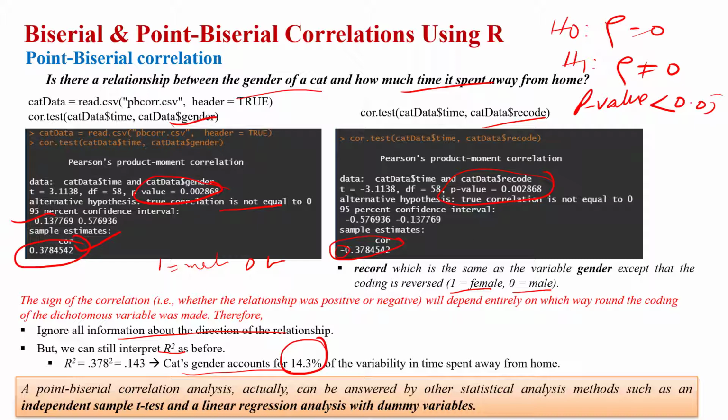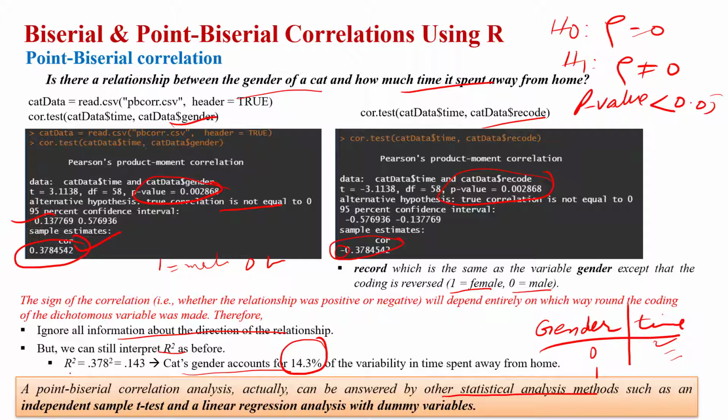As we have seen, one of the variables is gender, in which we want to check whether this variable has a relationship with the time spent away from the home. This is a categorical variable, whereas this is a continuous variable. In such a situation we can also apply some other statistical techniques to get a similar answer.